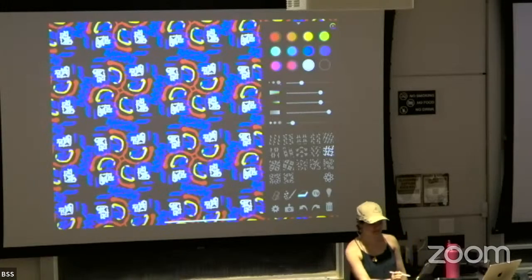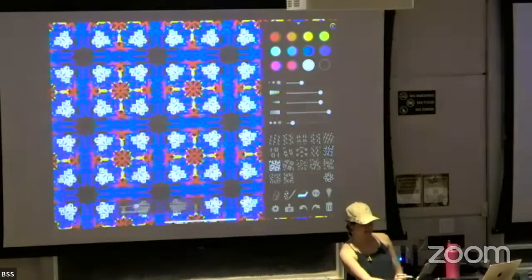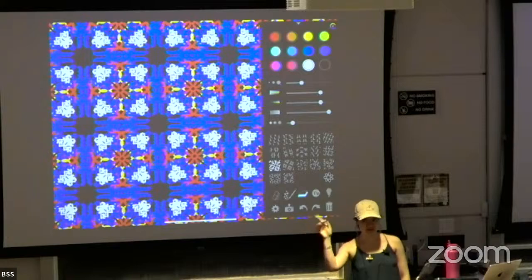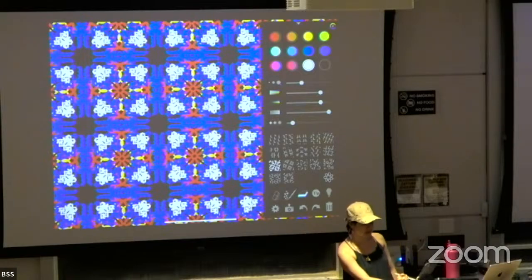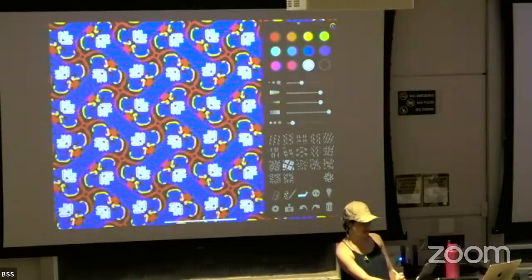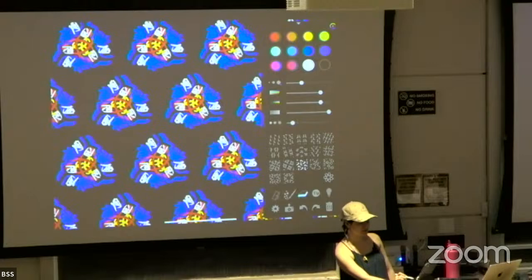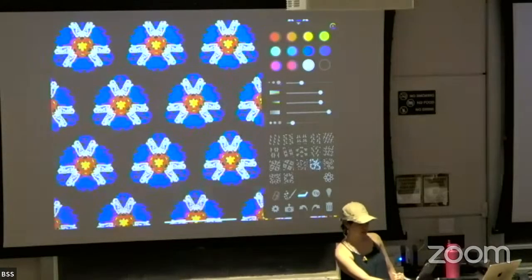This one has reflections. This, I think, is what makes brick patterns. Here's threefold. This is, I think, 333.